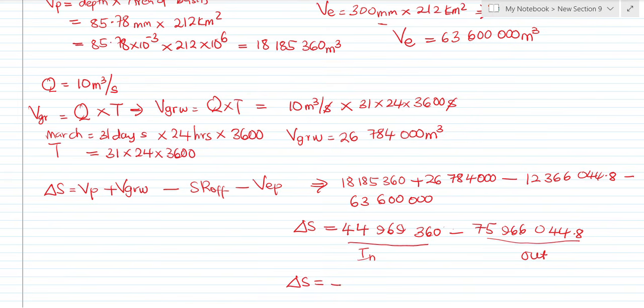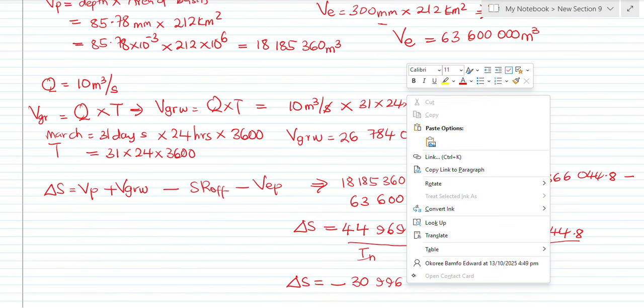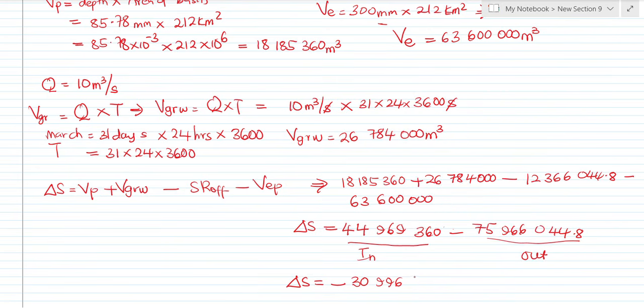We are going to get negative 30996684.8 meter cube. So the negative shows that there's going to be a decrease in volume of water in the basin.